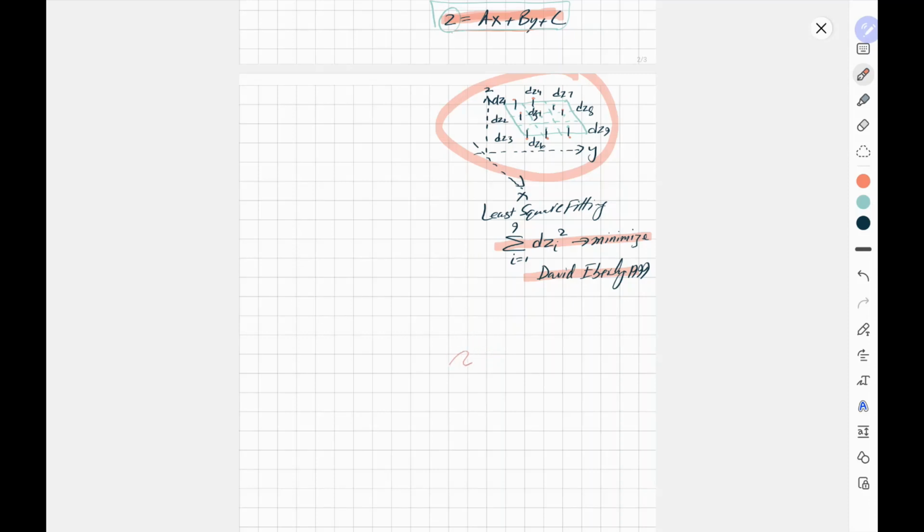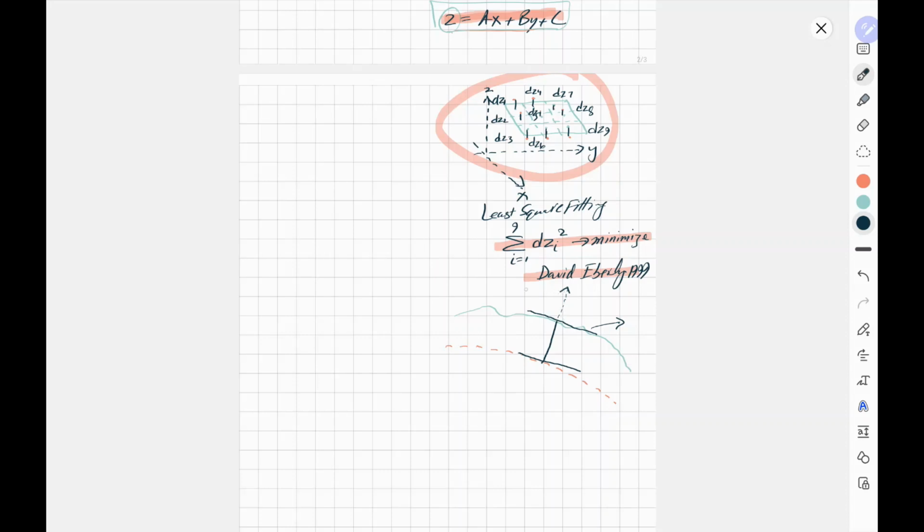You have a datum, and then you have a topographic surface, and then you have a tangent plane, and at some height you get a surface. This is the desired surface which we get, and this surface will be at some slope.